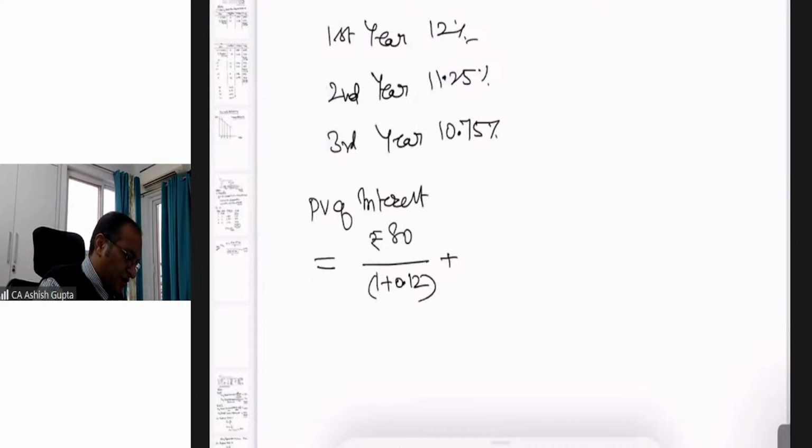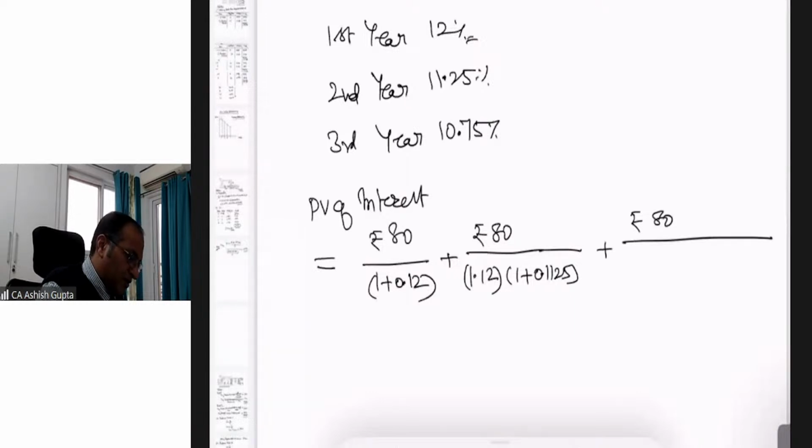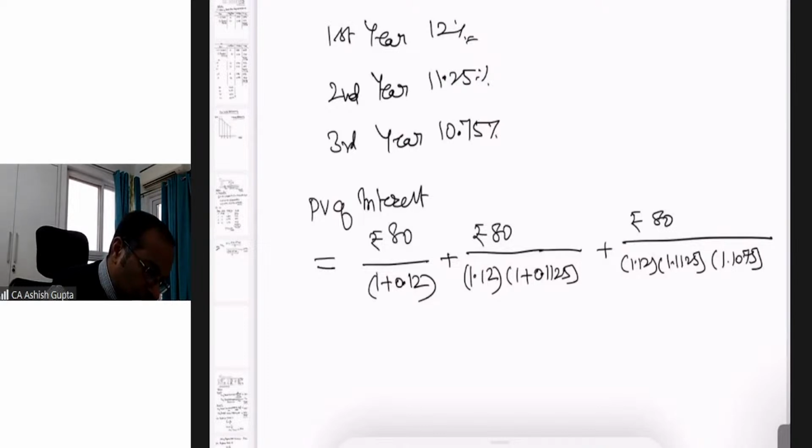In the second year, I need your attention. The first year will come as it is, because the first year has passed. In the second year, we shall take it like this. In the third year, for the 2 years, the rate of interest shall remain the same for discounting.